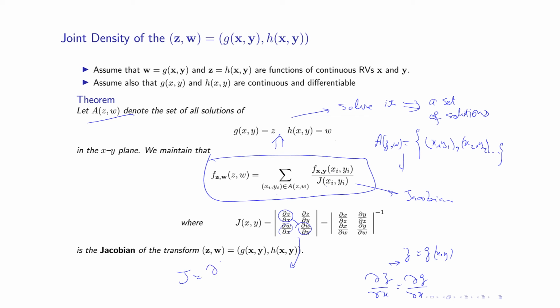So you're going to get the partial derivative of Z with respect to X, times the partial derivative of W with respect to Y, minus the partial derivative of Z with respect to Y, times the partial derivative of W with respect to X. Basically, the Jacobian is the ratio of the differential areas.